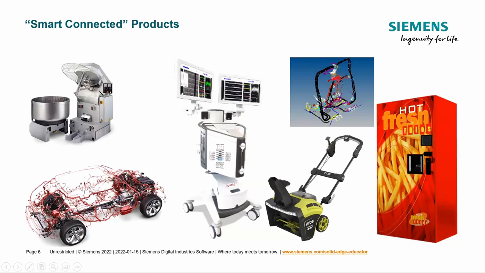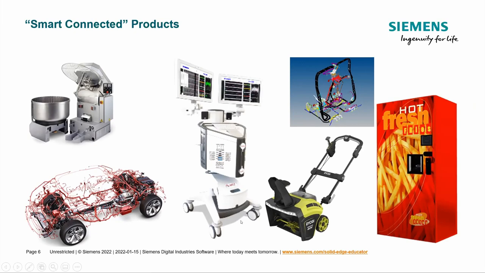Now you should see my next slide showing the smart connected products. And really this is just to convey to people that wires and electronics are in almost everything that's built today. You see the car on the left, lots of wires there, electronics, lots of detailed harnesses, lots of complexities. In the middle, here's a medical type machine in a hospital, lots of electronics in there.